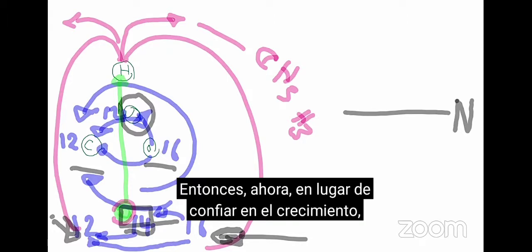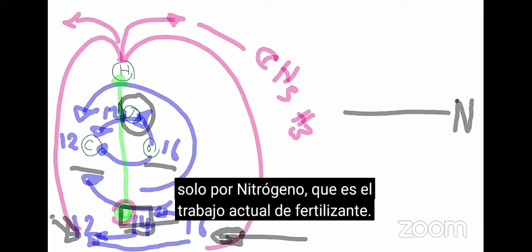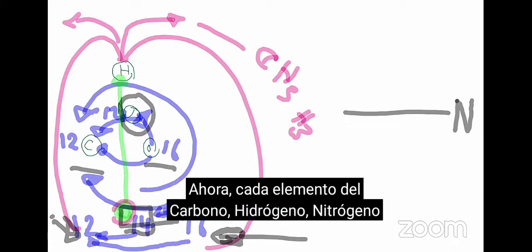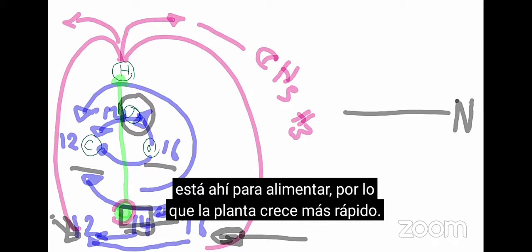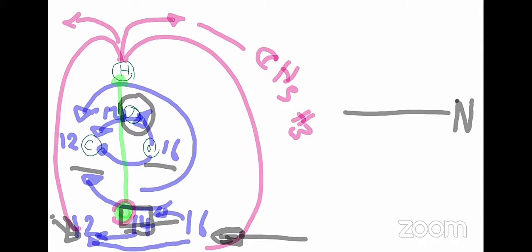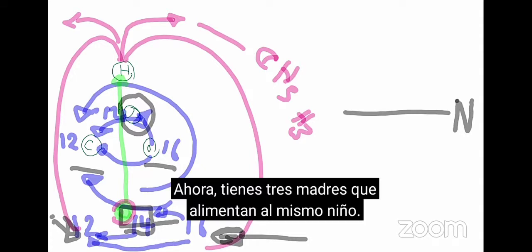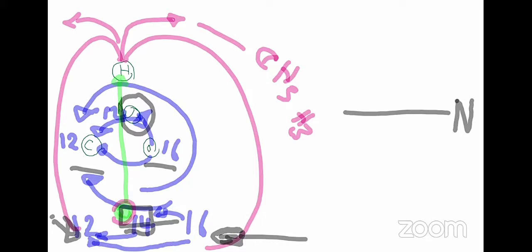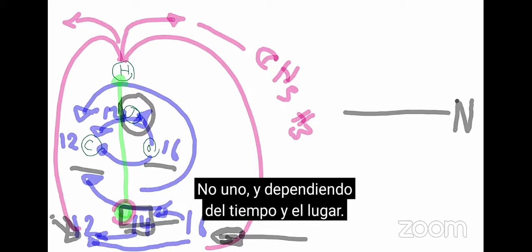So now, instead of relying on growth only by nitrogen, which is the present work of fertilizer, every element of carbon, hydrogen, nitrogen is there to feed, so the plant grows faster. Now you have three mothers feeding the same child, not one, depending on the time and the place.